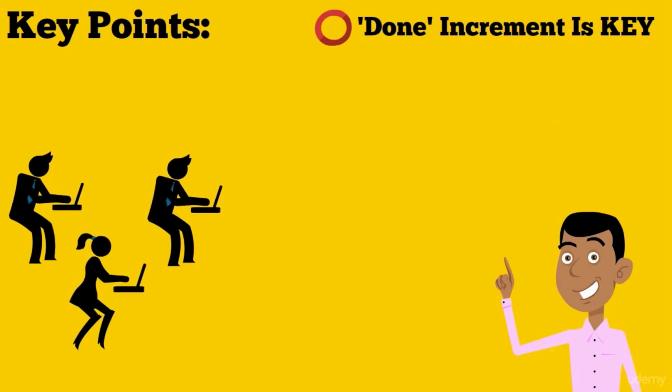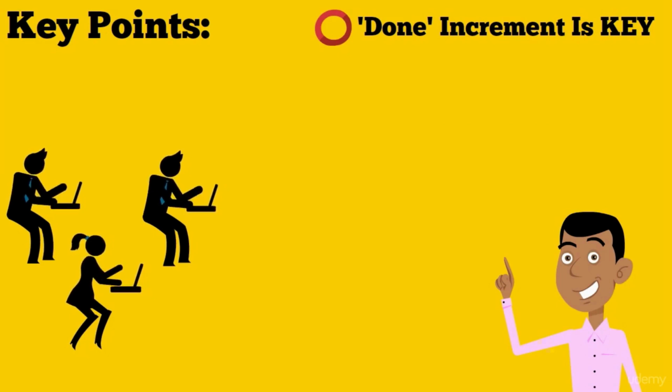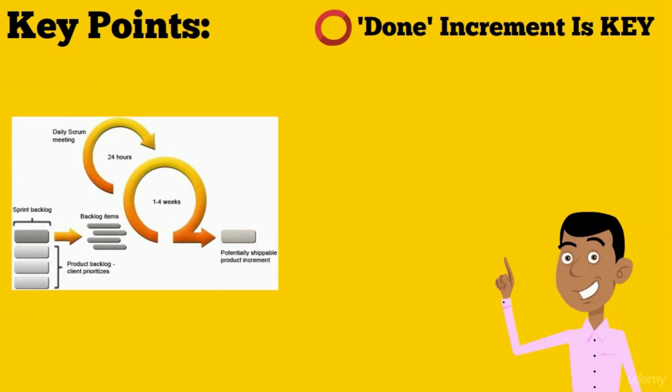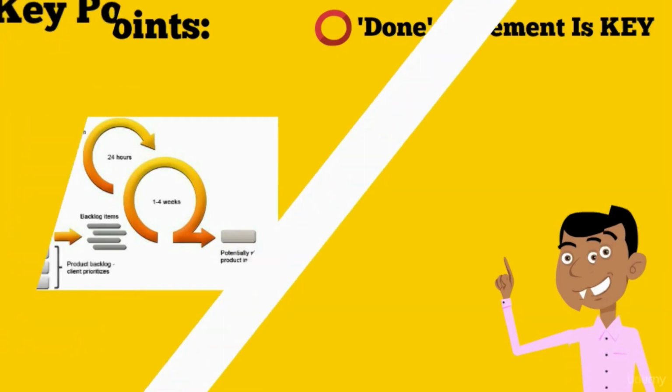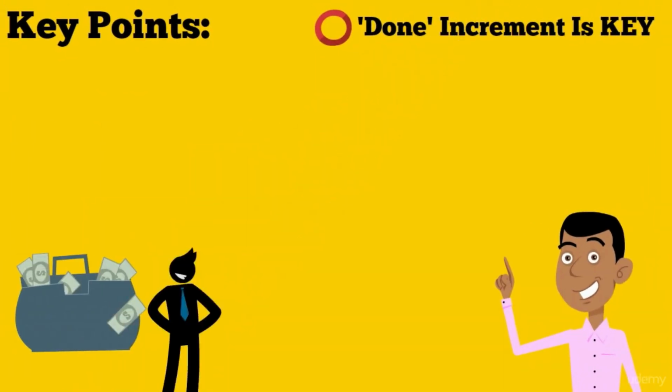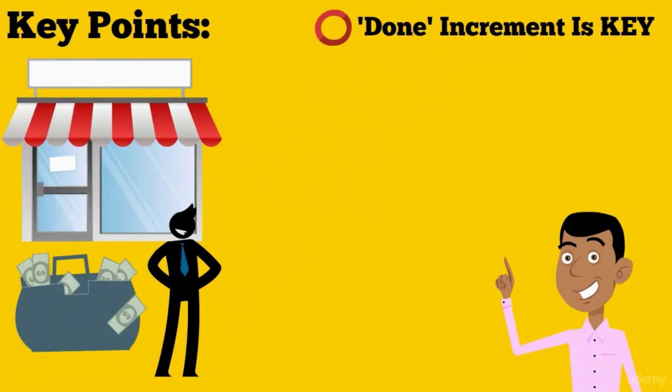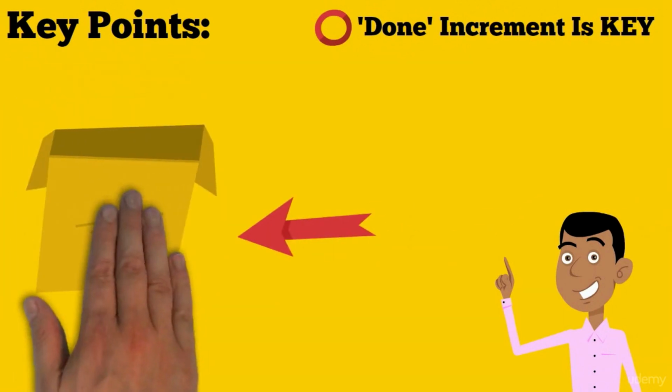The fact that the increment is done is where the power really is in Scrum. Because at the end of a sprint, you have some certainty that you have accomplished something that is really of value to the users and the business, the fact that you've really delivered an increment of a product that is usable by them.